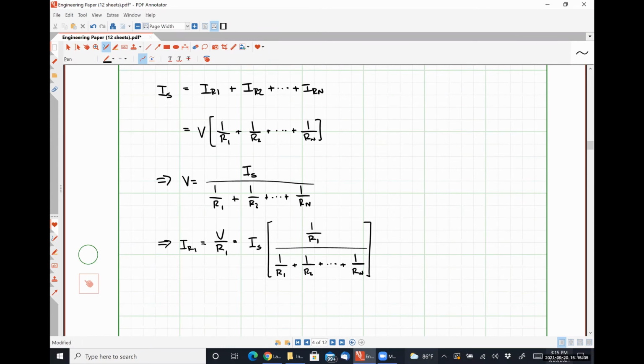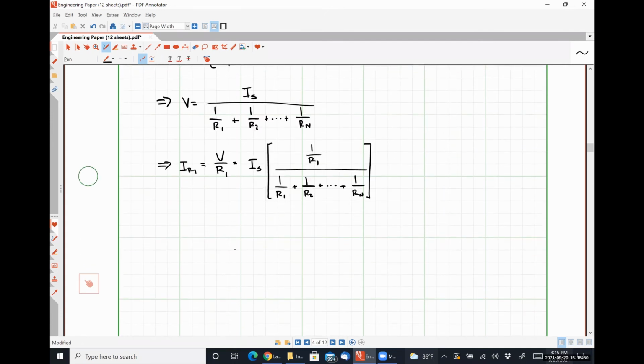So another very interesting observation here, or at least it's interesting to me. I could write this as IS divided by R1 multiplied by 1 over R1 plus 1 over R2 plus 1 over R sub n.